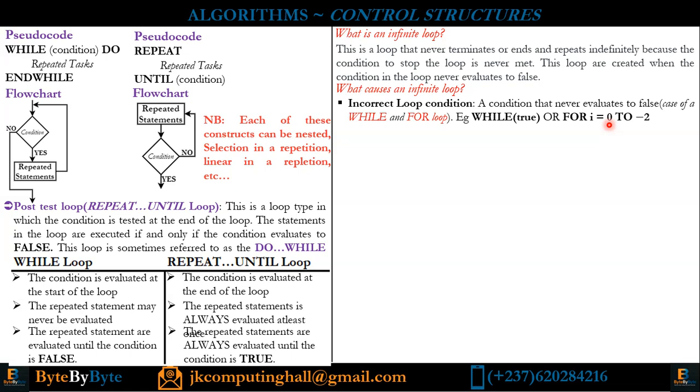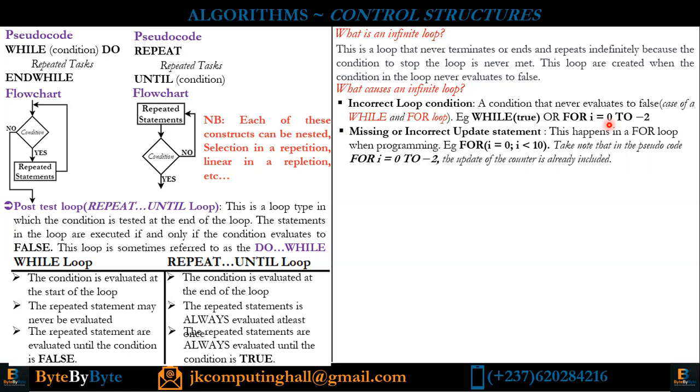In case it is negative, we talk of a decrement, and there is no positive integer you will add to 0 to get negative 2. So this loop will keep on evaluating and the value of I will keep on increasing until infinity. So these are some of the incorrect loop conditions that bring about an infinite loop.